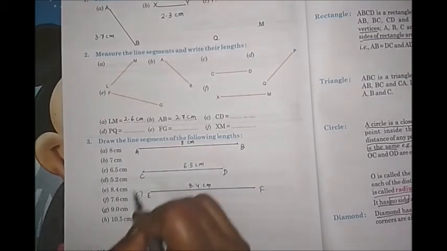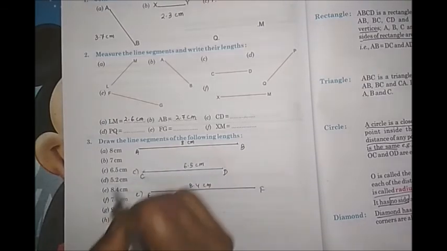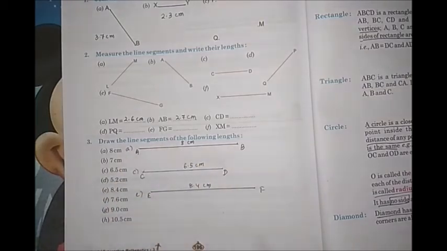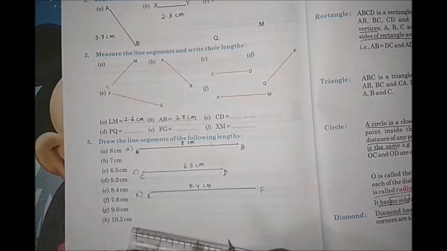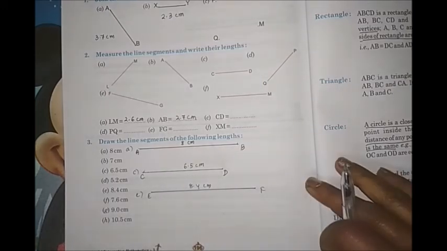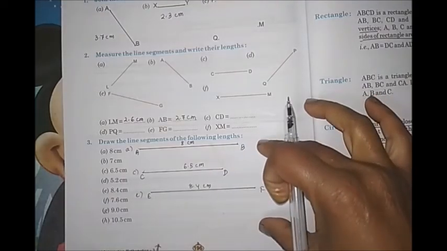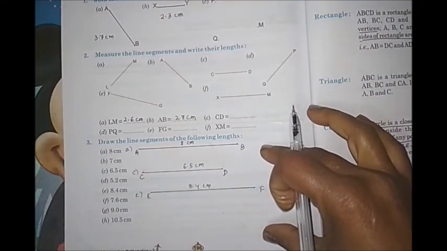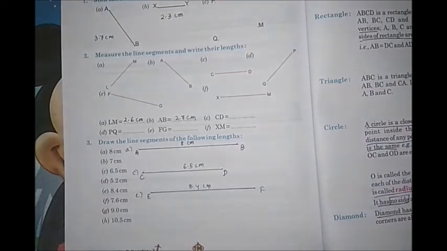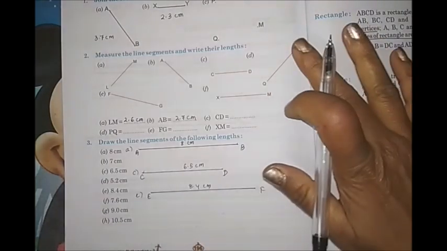It is question E. This is question number C, this is question number A. 9.0 centimeter means 9 centimeter. So in this way you draw all the line segments in your notebook. This third question you do in your notebook, so that it will be more neat. Questions 1 and 2 you do in the book.